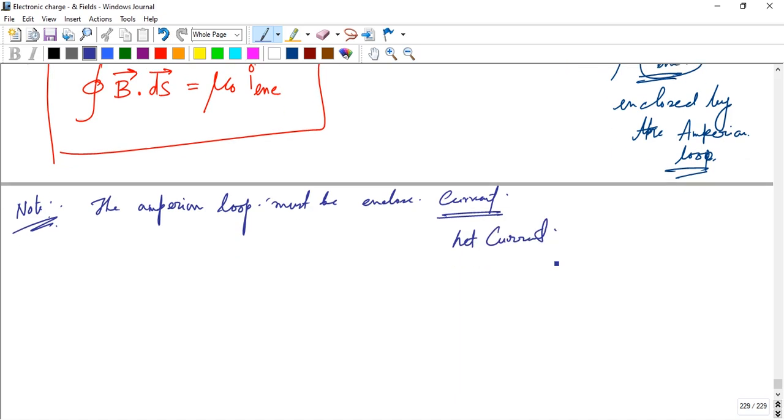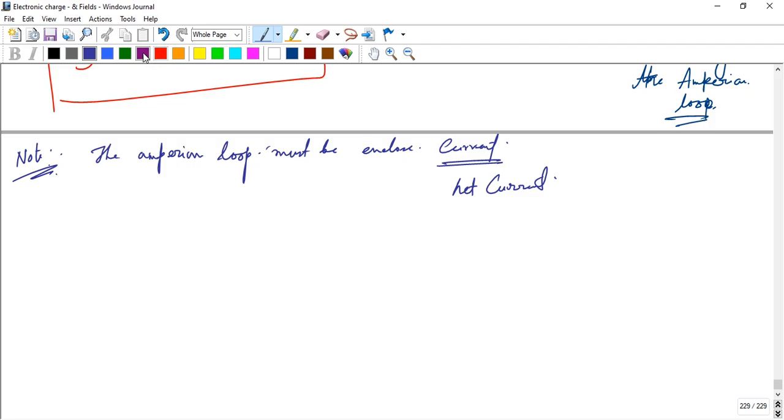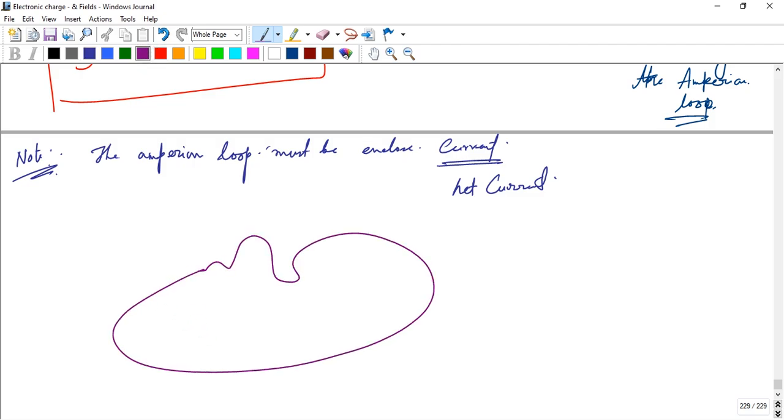How do we describe the net current? Suppose there is an Amperian loop that looks like this, and three currents pass here: one current upward, one downward, another upward. Suppose there are I1, I2, and I3.